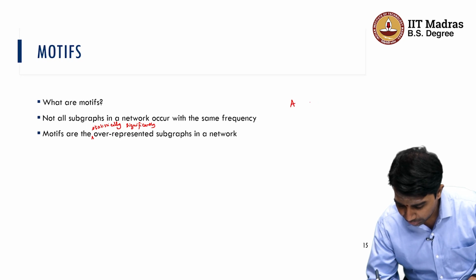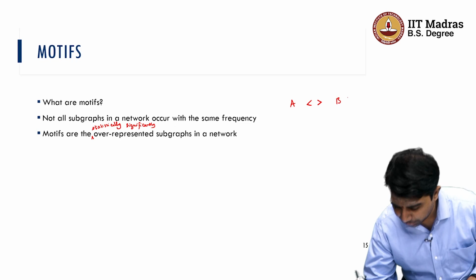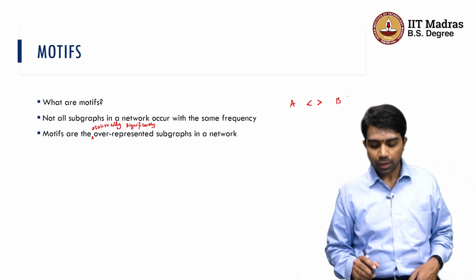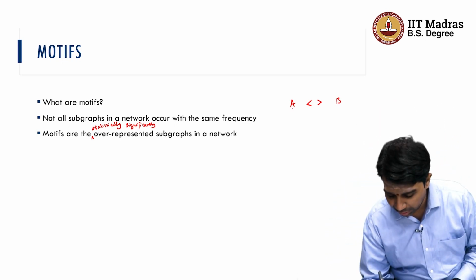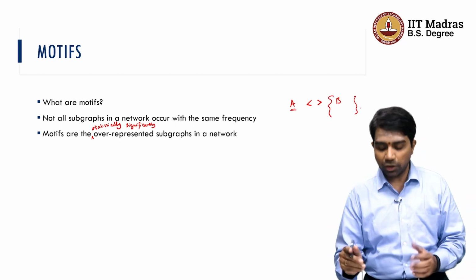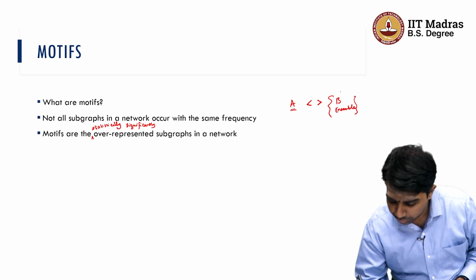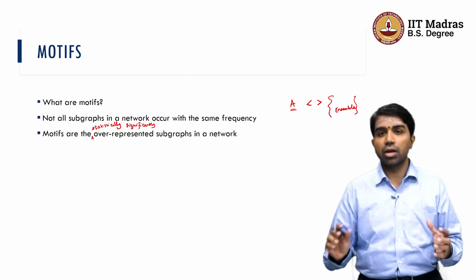I have a network A, and I am going to compare it with a population of networks, or an ensemble. Let us not say B, let us just say an ensemble of networks.